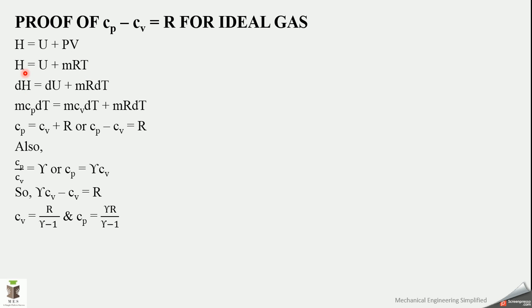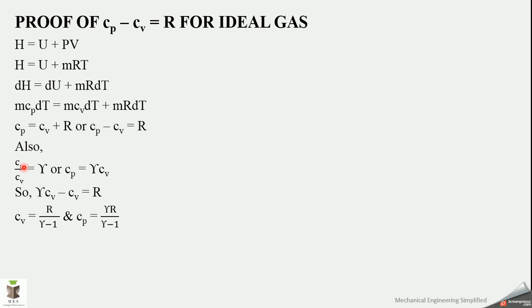If we differentiate both sides, we get dH is equal to dU plus mR dT, because m and R are constant. We have seen that dH is equal to mCp dT for ideal gas, and dU is equal to mCv dT for ideal gas. If we cancel dT and m throughout, we get Cp is equal to Cv plus R, or Cp minus Cv is equal to R. This is the proof, but please remember it is only for ideal gas.